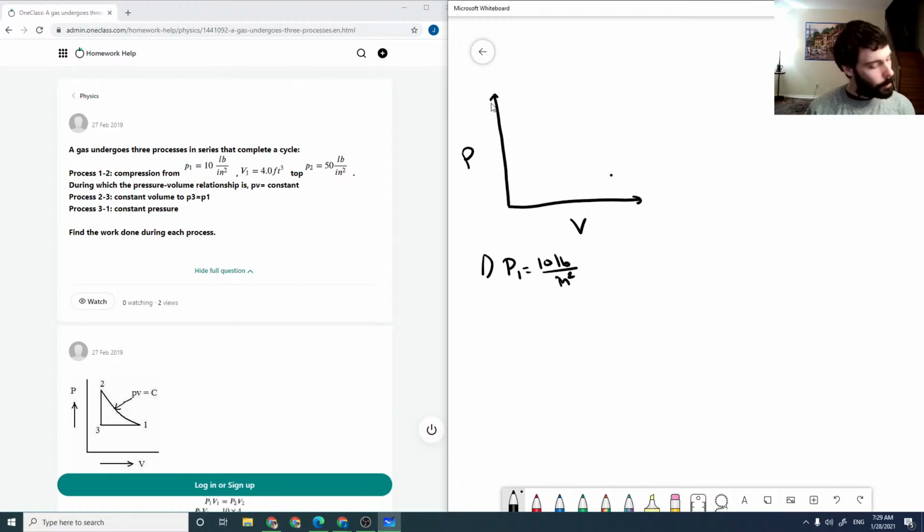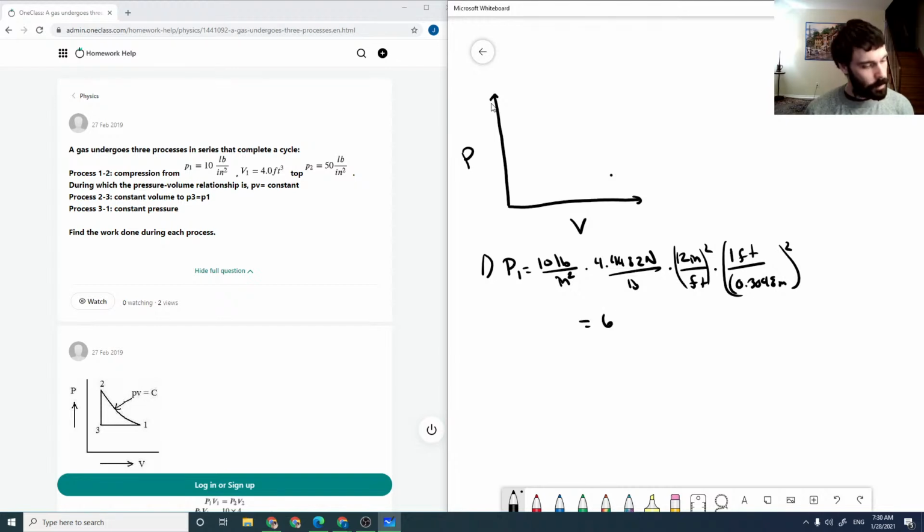So it's 10 pounds per inch squared times 4.4482 newtons per pound times 12 inches per foot times 1 foot per 0.3048 meters, squared.